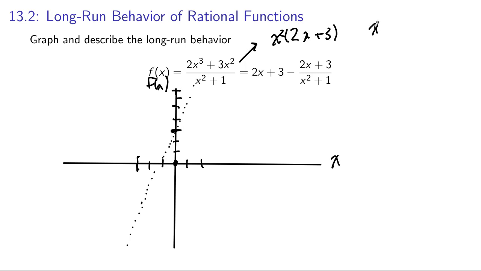So we'd also have a 0 when 2x plus 3 is 0, which is when x is negative 3 halves. So at negative 1.5, which happens to be exactly on this dotted line, we'll have a 0. And then we have another 0 at 0.